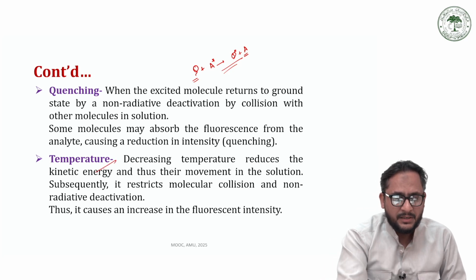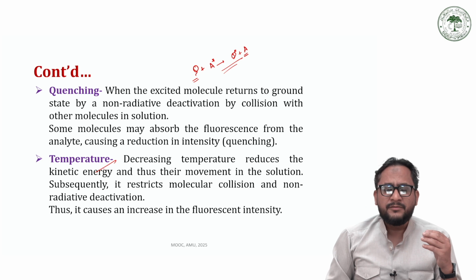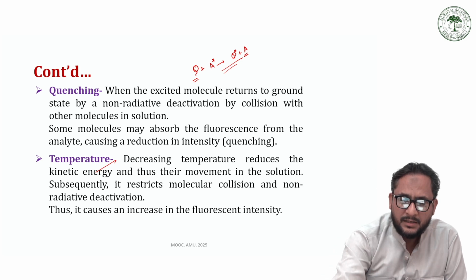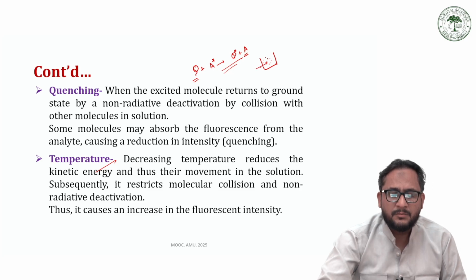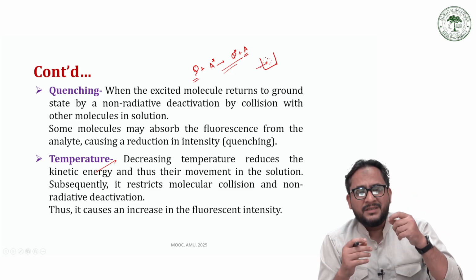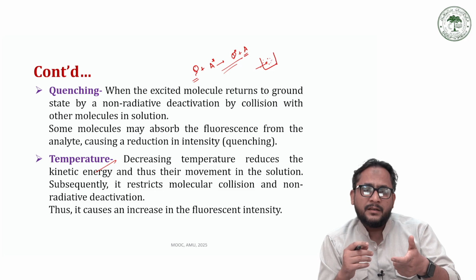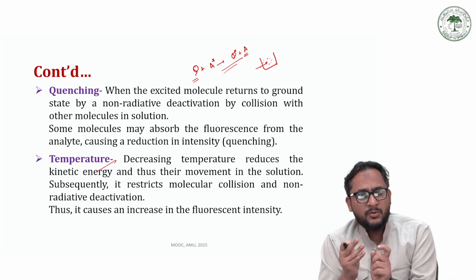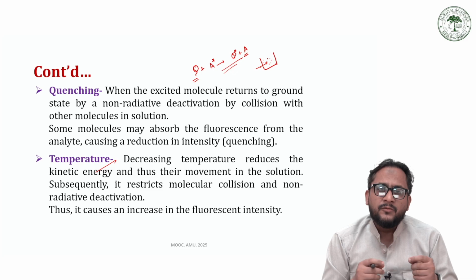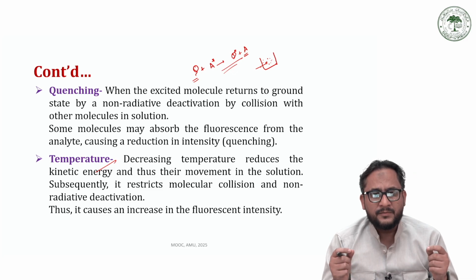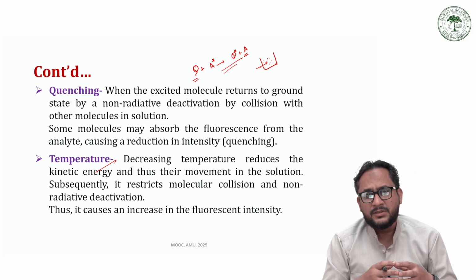Then temperature. For example, if the temperature of the sample is high, then more molecules are colliding with each other, because temperature is directly related to the kinetic energy of the molecules. If temperature is low, the kinetic energy is low, which means molecules are moving at slow speed, and the chances of collision are low.